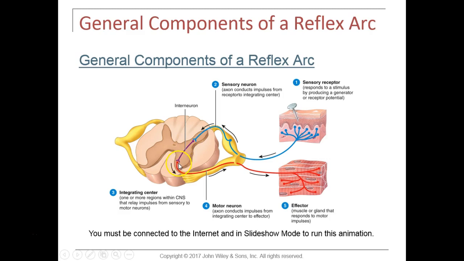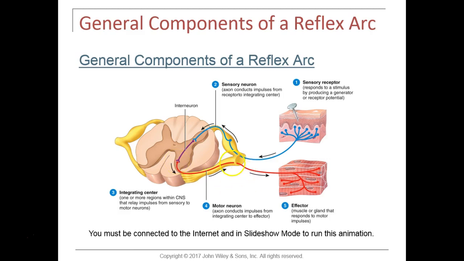In this case, the motor neuron has its neuron cell body in the anterior gray horn, which means this motor neuron will leave, ultimately always via the anterior root of a spinal nerve, and innervate skeletal muscle. So we always know what the effector is going to be for this particular type of reflex because of where this neuron cell body is located.